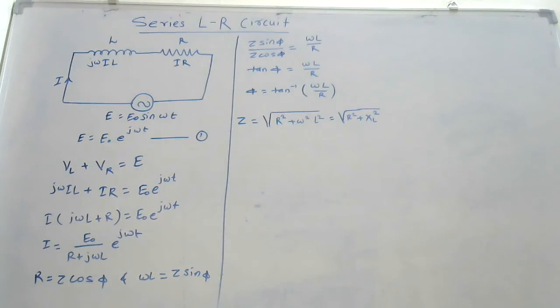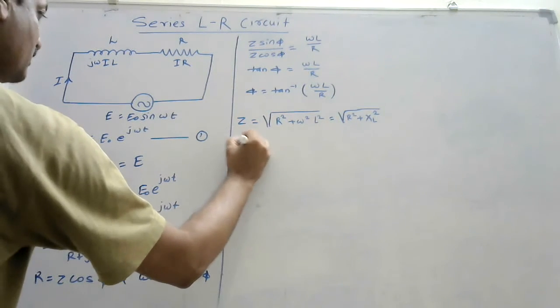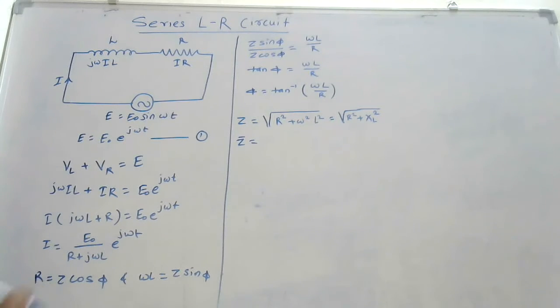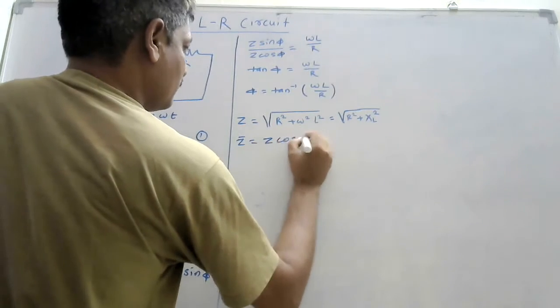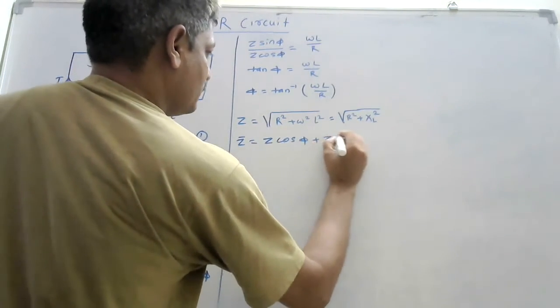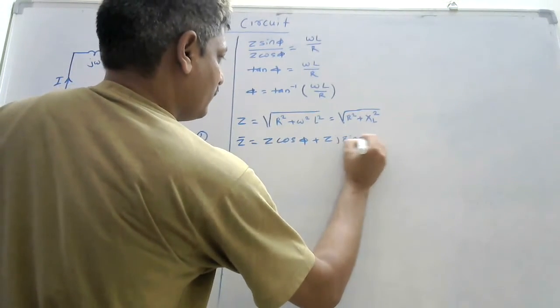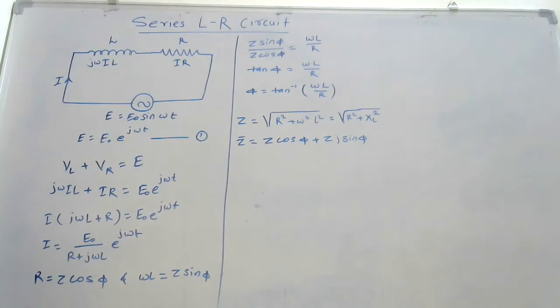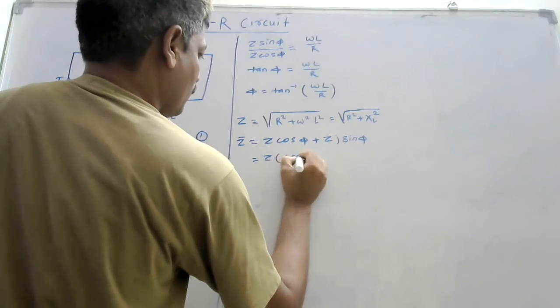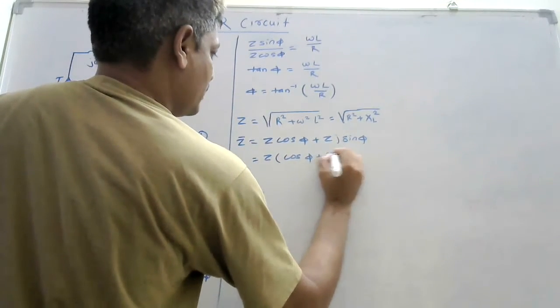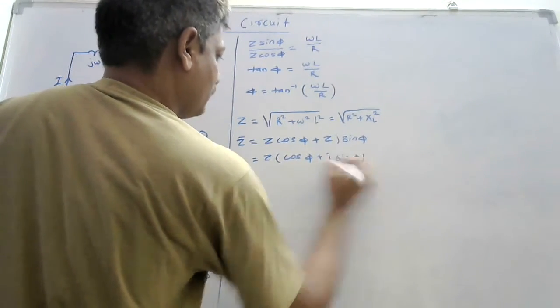We have Z bar equals what? Z cos phi plus j Z sin phi. We take Z common. That is Z bar equals Z into cos phi plus j sin phi.